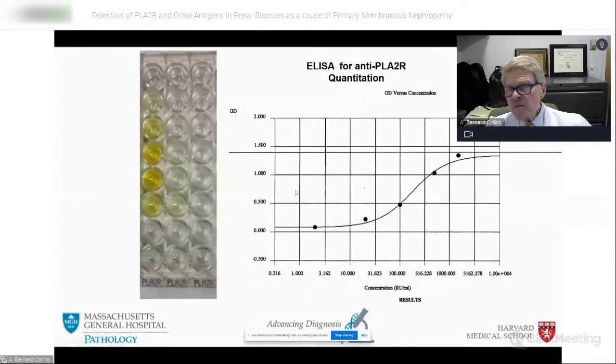The other part of the assay is the ELISA, which uses a positive serum with dilutions that creates a standard curve and then allows you to calculate the concentration or the units for the unknown serum that you're testing.